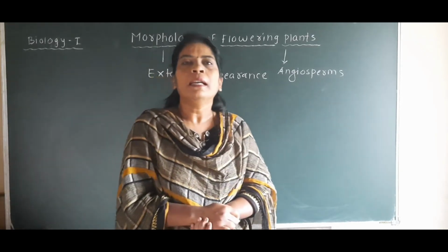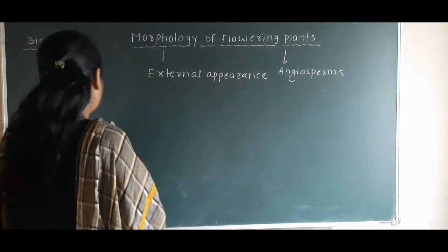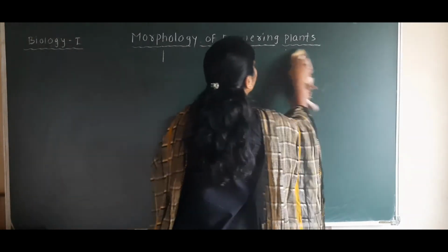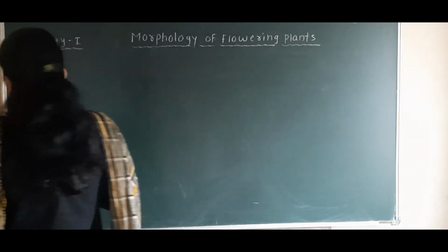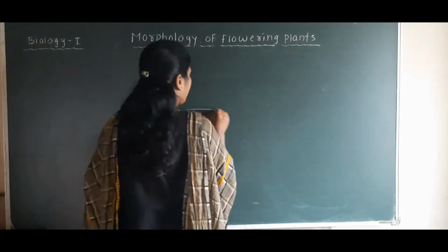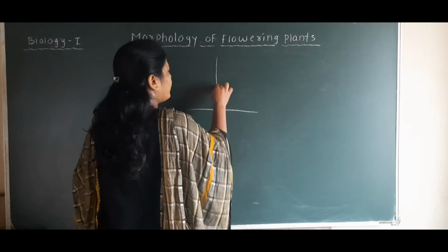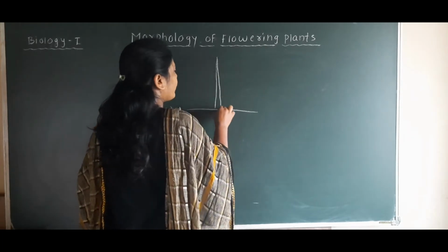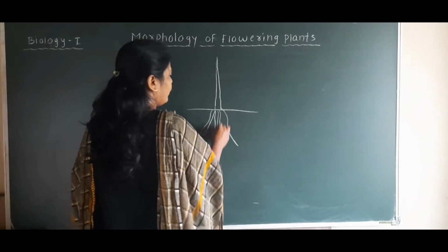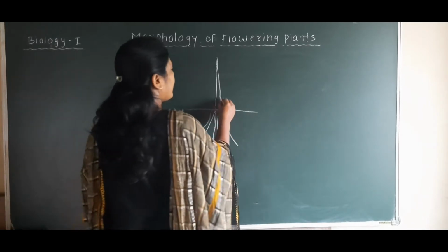So here first we'll observe the diagram of the plants. If we say any plant, I am drawing the diagram here. Suppose this is the plant. Here you can observe the roots of the plant.